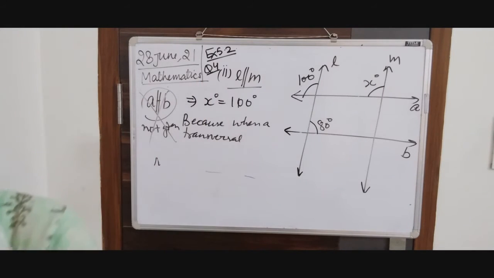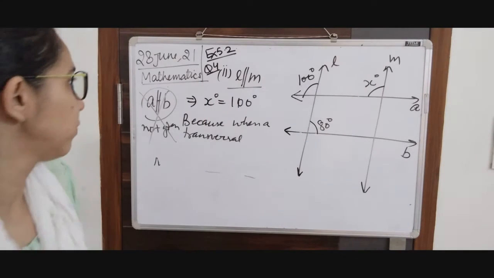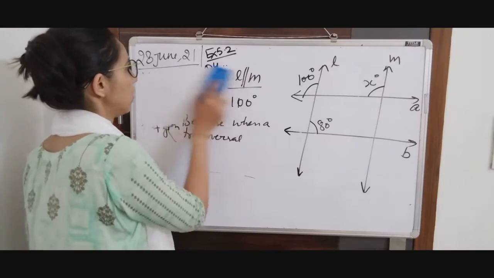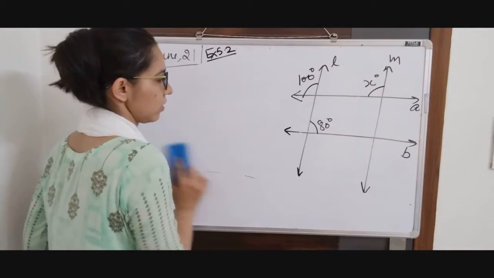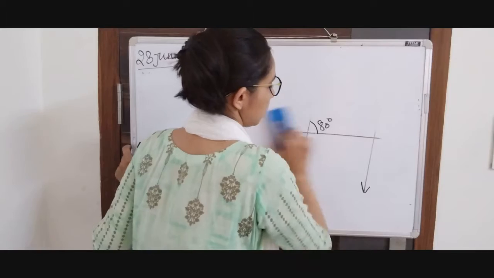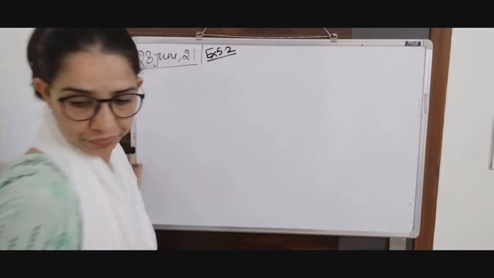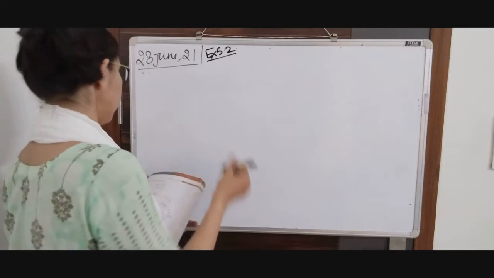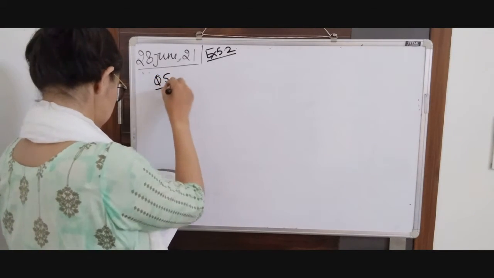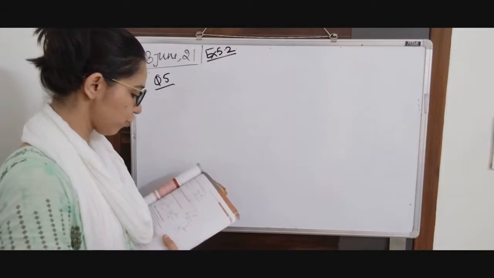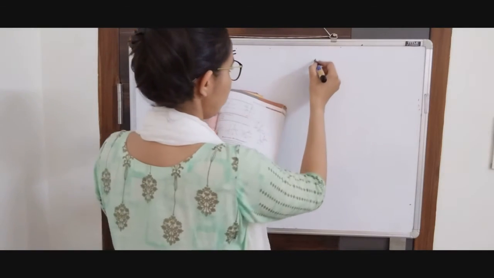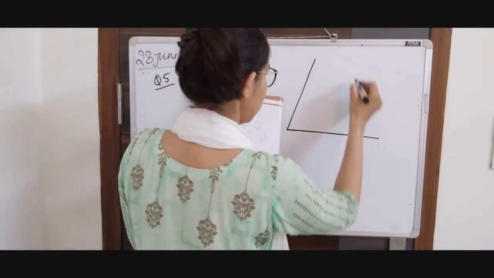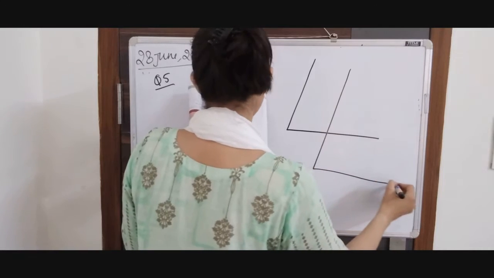The next question is question number 5. The arms of two angles are parallel. Okay, there are two angles, this and this. Arms are parallel.